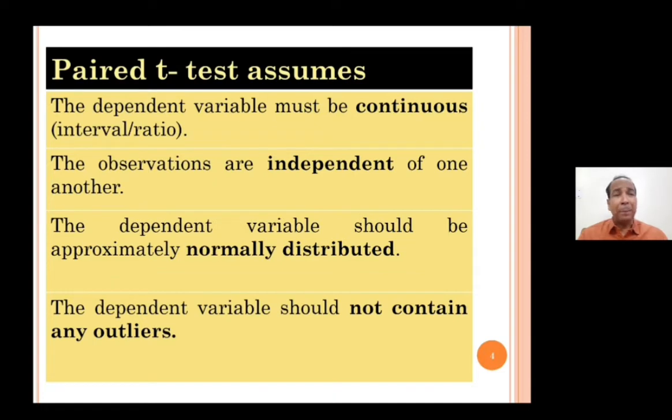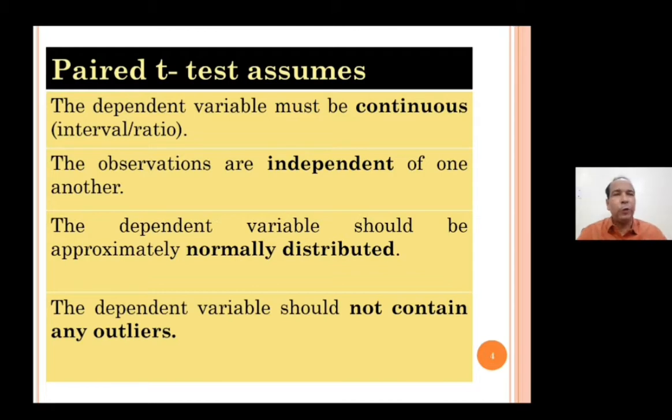One, the dependent variable must be continuous. For example, we want to study whether a coaching is effective or not, whether a medicine is effective or not, whether training is effective or not. In that case, we take a sample of respondents, suppose patients who are given medicine.